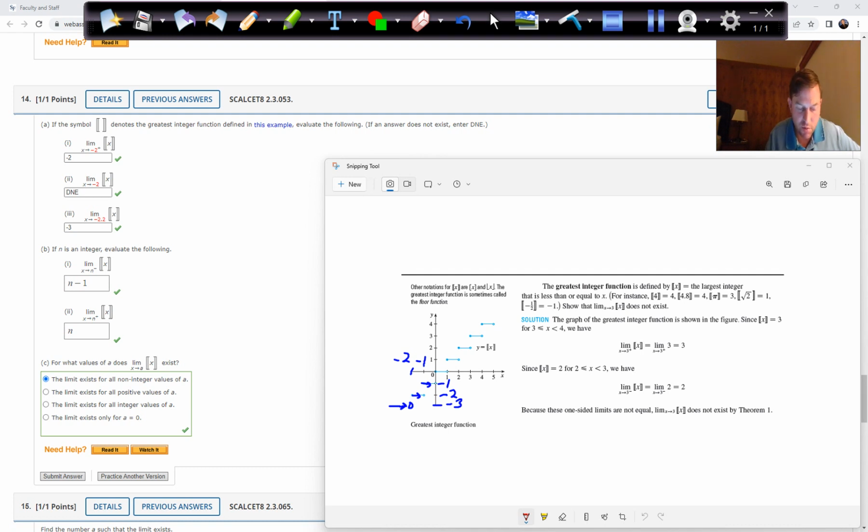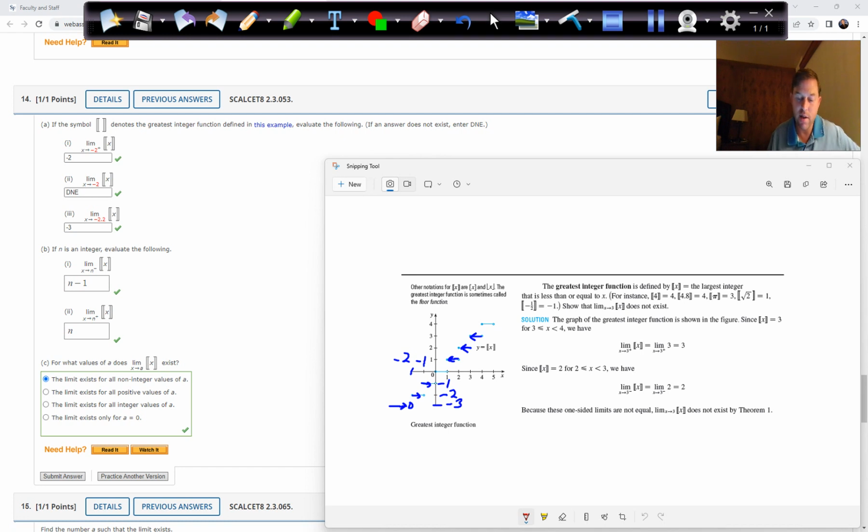If I approach from the right side, it's actually the opposite. So let's go up here. If I'm approaching 1 from the right, I'm on the 1 line. If I'm approaching 2 from the right, I'm on the 2 line. If I'm approaching 3 from the right, I'm on the 3 line.